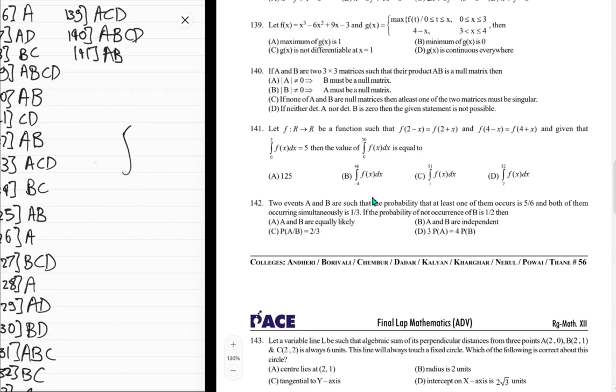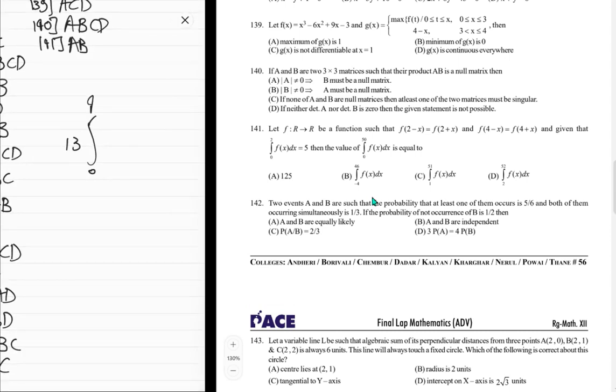So it's like 1 and then 12, so 13. 13 from 0 to 4. Right, of course, of f of x dx, plus, actually not plus, minus the integral from 0 to 2 of f of x dx, right?